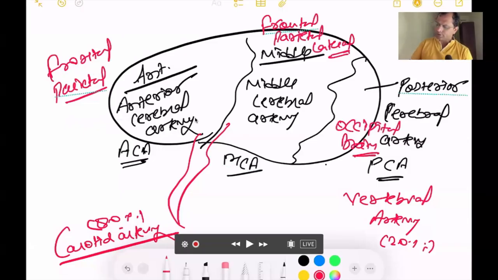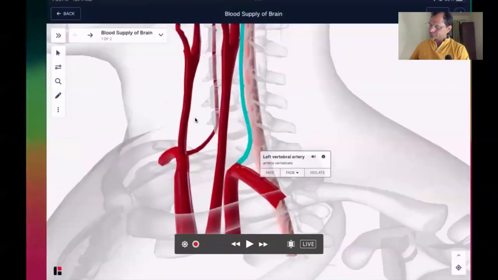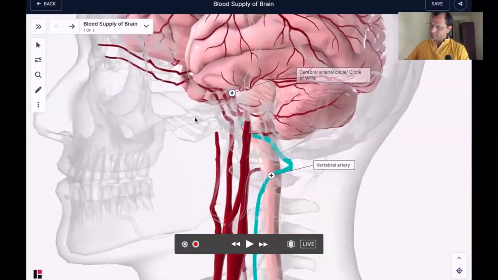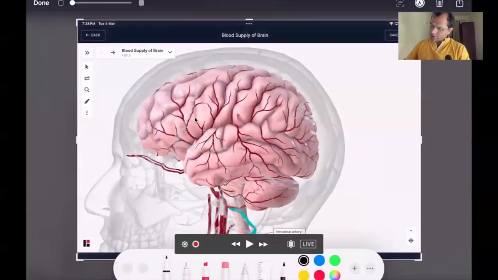So let me now show you through this image. What is the frontal brain? What is the parietal brain? What is the lateral brain? What is the occipital brain? Let's see here. This is the frontal brain, which is on the front side.